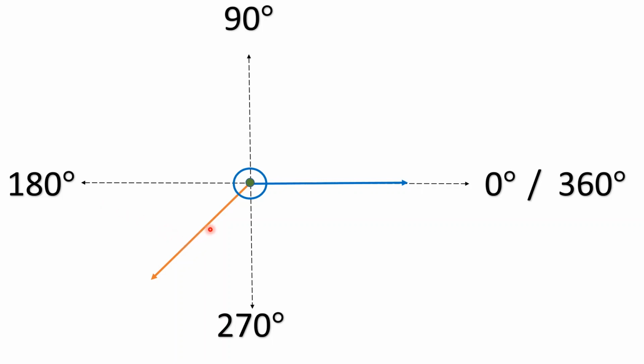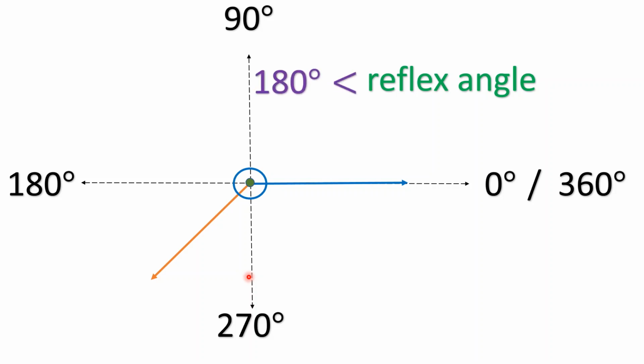Now terminal arm is placed between 180 degree and 360 degree. The angle so formed is called reflex angle. Its measure is always between 180 degree and 360 degree.